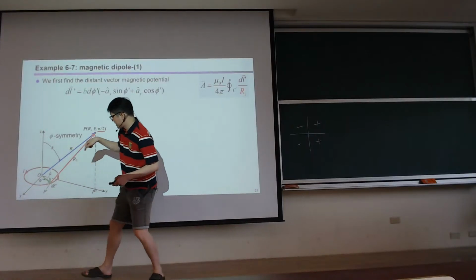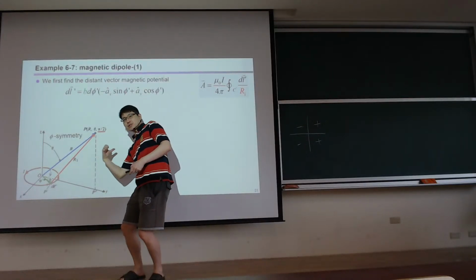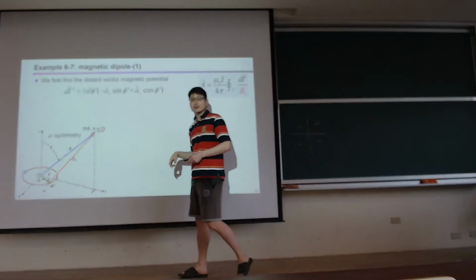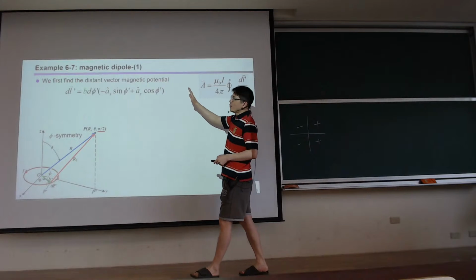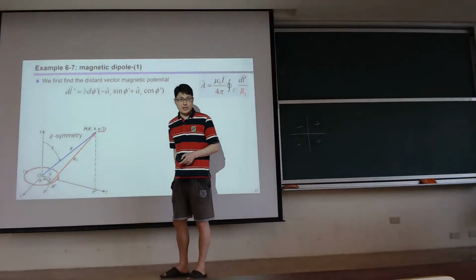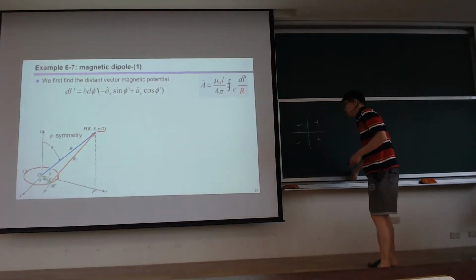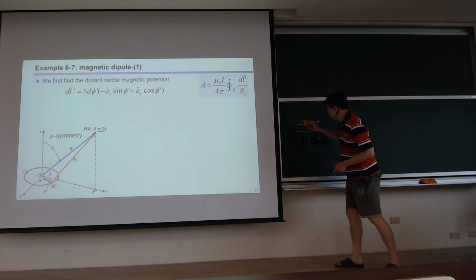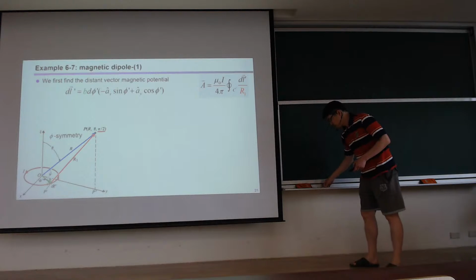So negative x is actually into the paper. It also contributes a y component. Do I want to include both contributions into my integration? This is a point. This is a decisive point.